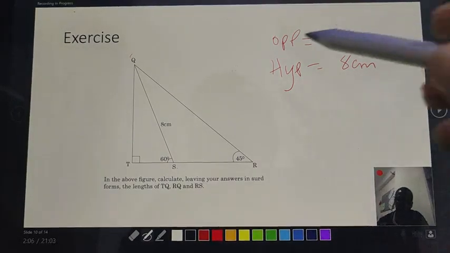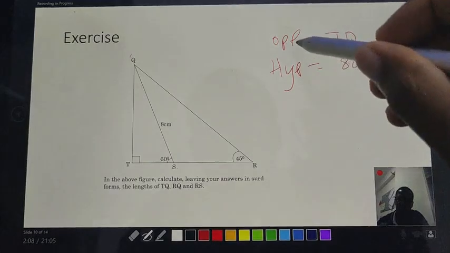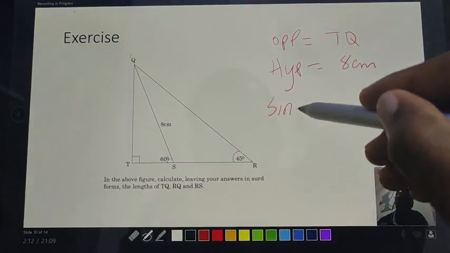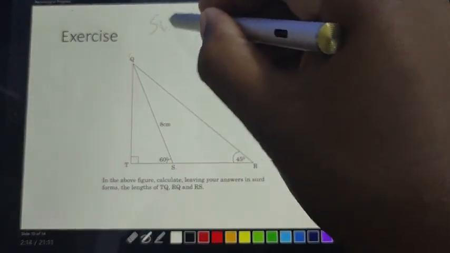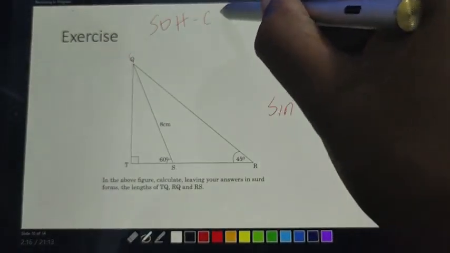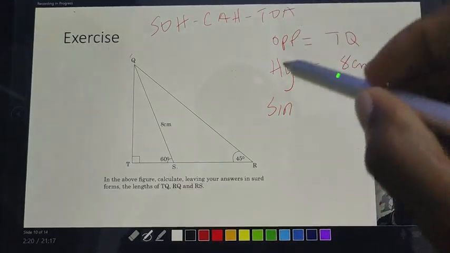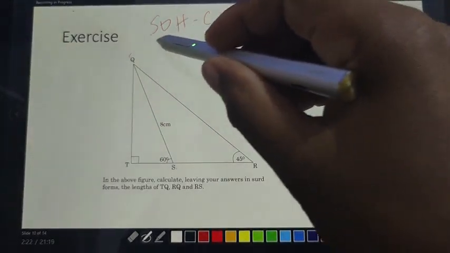From those ratios, opposite and hypotenuse, this is sine, if you are to use SOHCAHTOA.